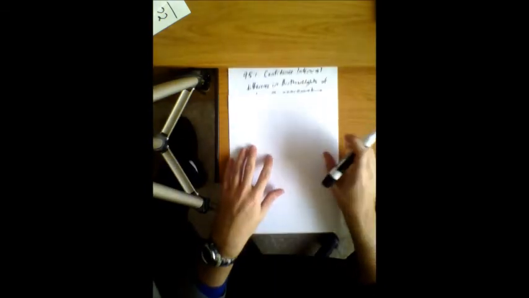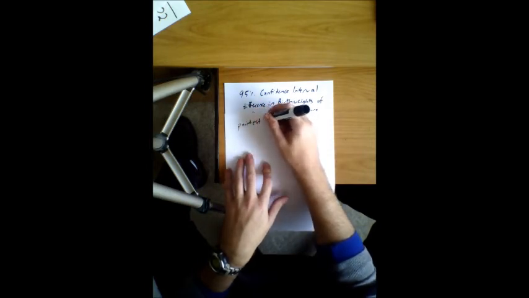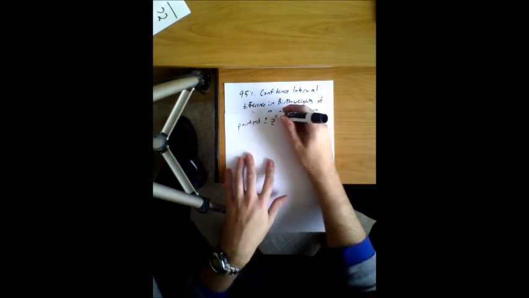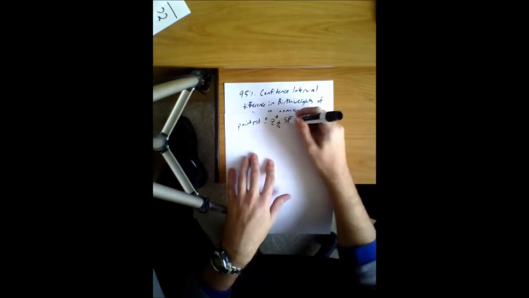So we're asked to find this confidence interval. So remember, a confidence interval is nothing more than the point estimate plus or minus z star of alpha over 2 times the standard error of the point estimate.